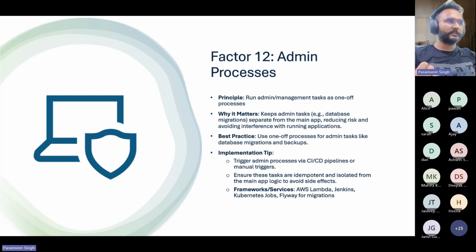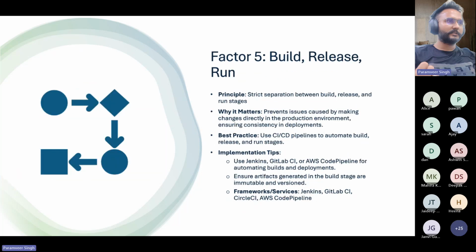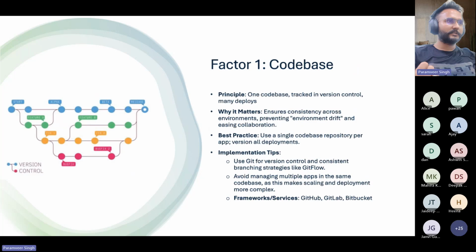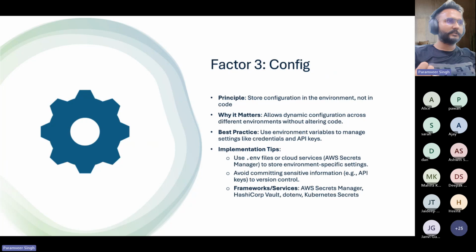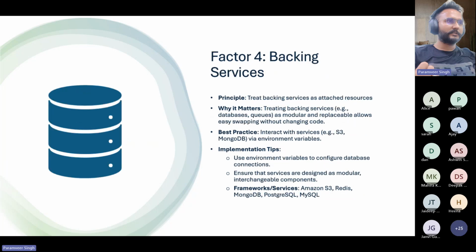If we just want to recap, we start with the code base in Git, dependencies isolated in different files, configuration in our environment values, not in a hard-coded manner. Backing services, which are attached services like databases, S3, caching, we treat them as attached resources via environment values.